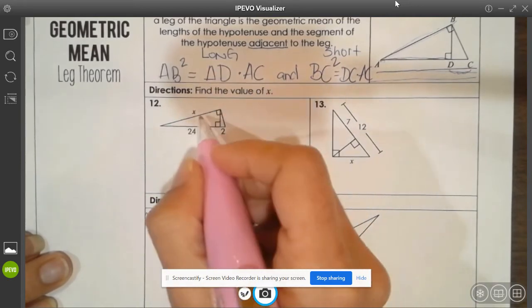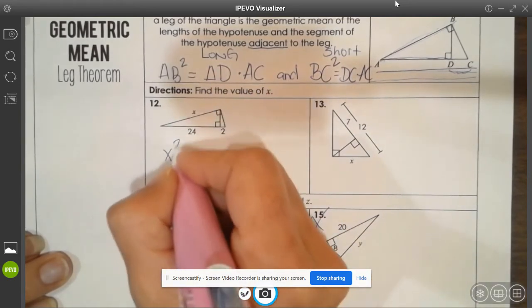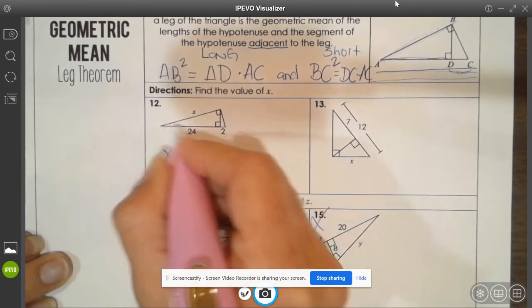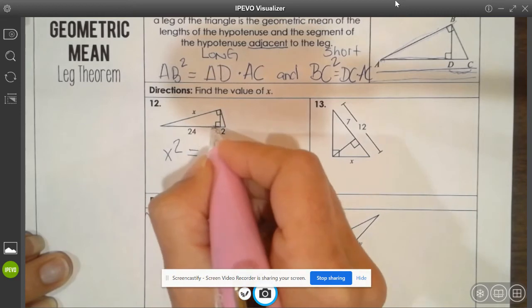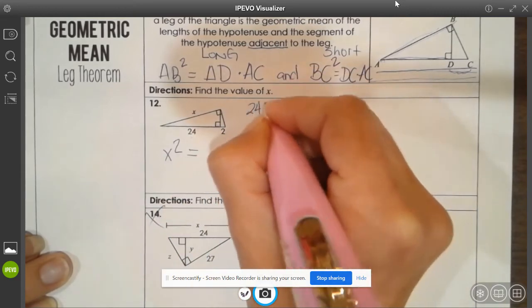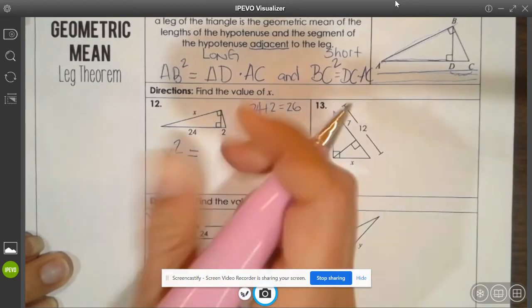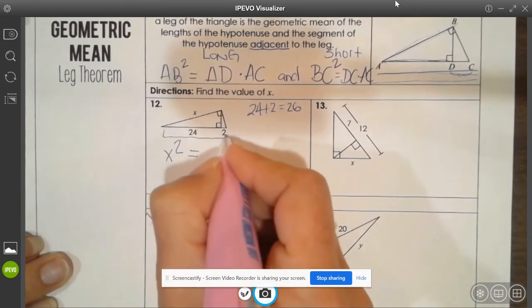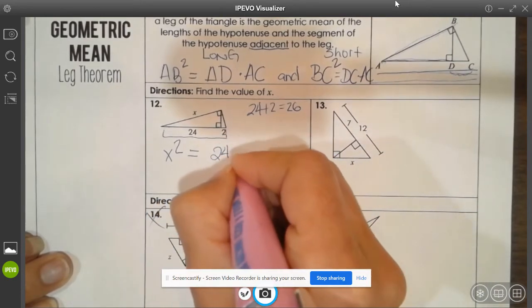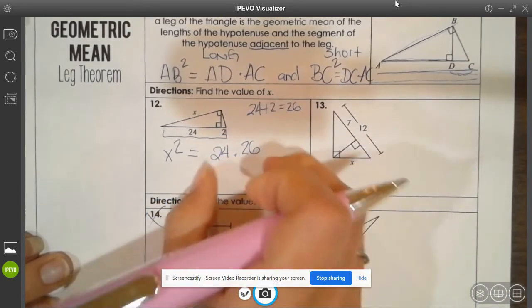So the long leg squared equals the one adjacent to the long leg, which is next to it, times the whole thing. So we got to add 24 plus 2, that's 26, right? That's the whole thing right here. Okay, so 24 times 26, which is the whole piece.